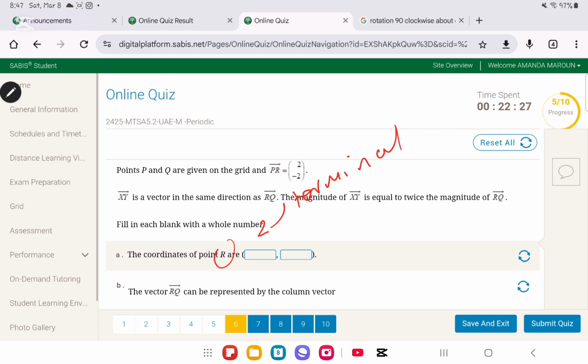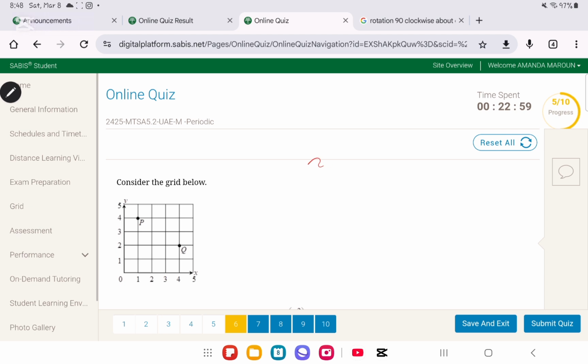How do we know which one is the initial and which is the terminal? You look at the vector: the first letter is the initial, and the last one is the terminal. Okay? So, very simply, to find R, which is the terminal, we know that the equation is terminal is equal to vector plus initial. So R is equal to PR plus P. PR was given, it was 2, minus 2.